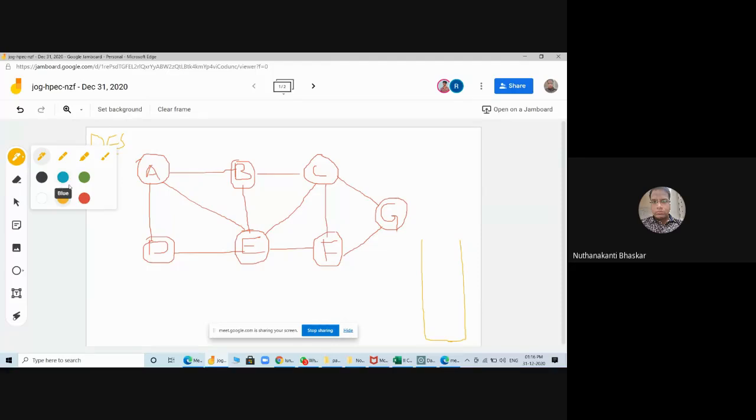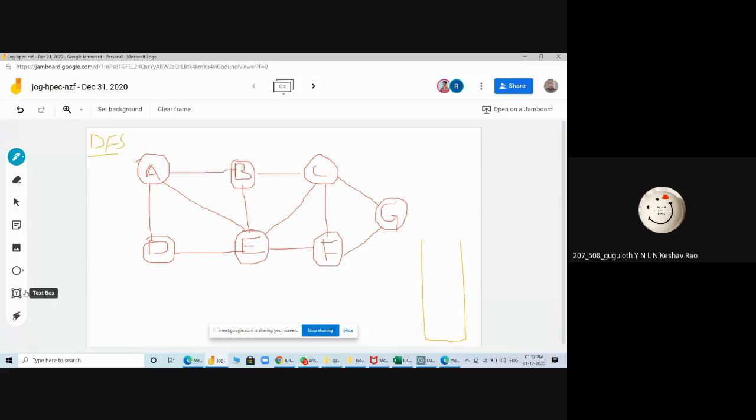Now, what should we do? Tell me the second step. Select any node as the start node. Tell me which node we need to select.